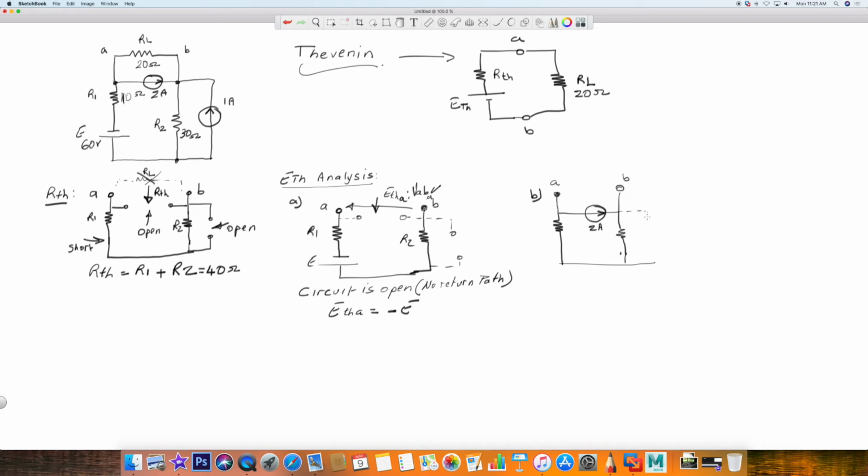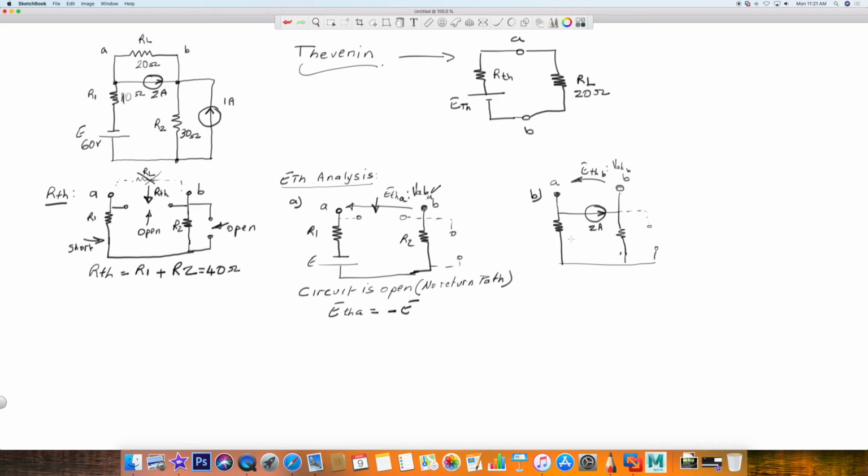Okay, and we're illustrating here that the other current supply at this stage is still open. So we're only going to utilize the 2 amp current supply. So we're interested in ETH-B, which is really VAB-B at this stage.